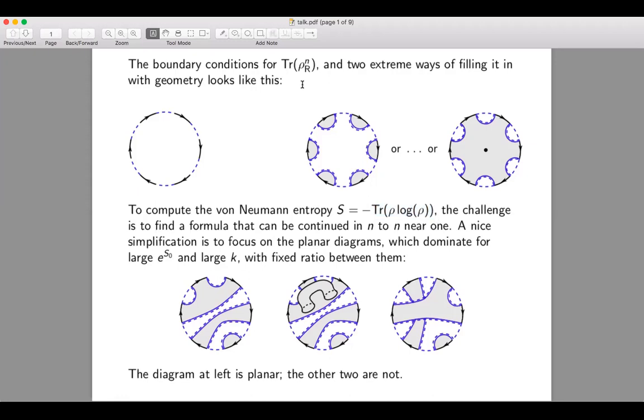So the boundary conditions for trace rho to the n are shown here for the case n equals 6. These black lines are asymptotically AdS boundaries, and the dashed lines mean that the flavor indices at the end of the world branes at the ends of each segment should be the same.